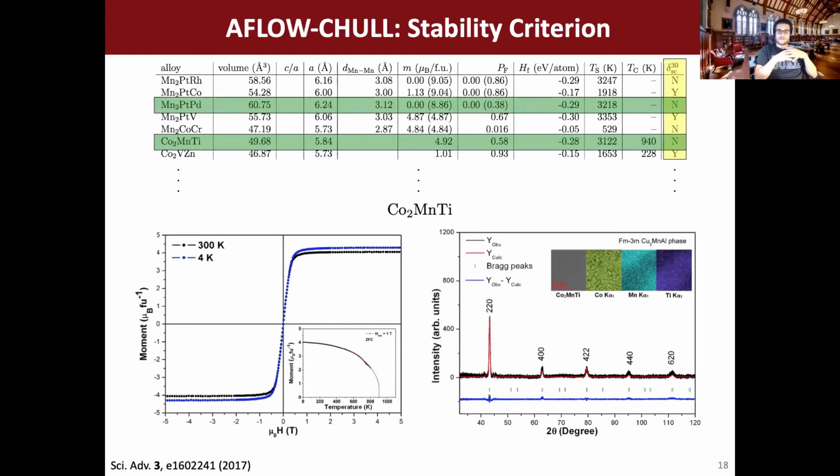And we reduced the set down to very few. And of those, we discovered 2 new magnetic systems. Okay, this was with Professor Sanvito in Ireland, and this is one of the systems here. This is cobalt, manganese, titanium, and here we have a visualization of some of the experimental properties, the magnetic moment.